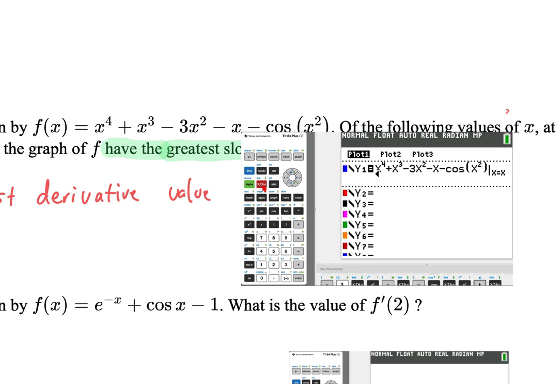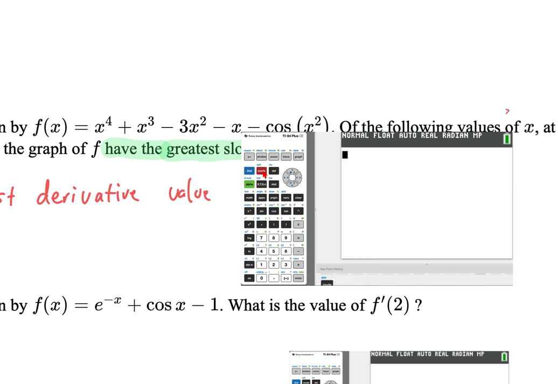So if we want to plug something into the derivative, let's look at how to do that. We'll do second mode, which is quit, to go to a blank screen. One option is to do alpha trace and then enter, which will get us y1. Then parentheses.